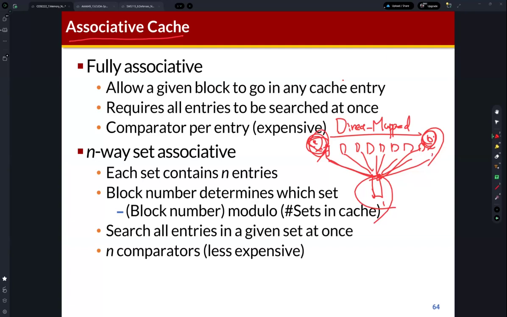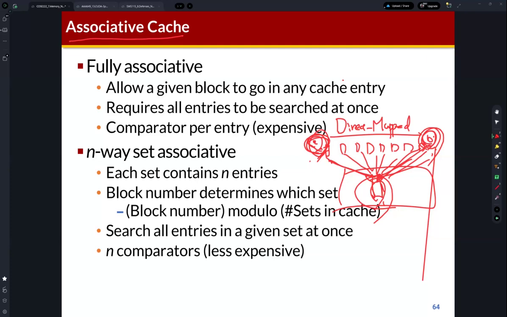Do you understand the situation, right? Even though the cache has empty blocks, A and B need to be mapped to the same block. So this cache cannot include A and B at the same time.